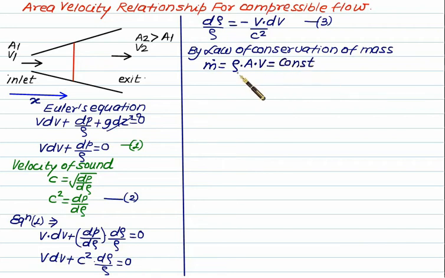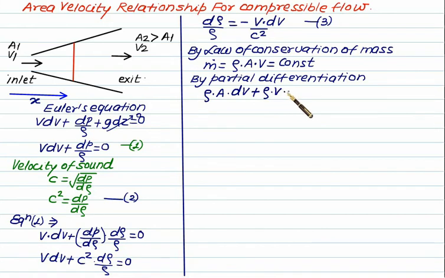We'll do differentiation here, as our aim is to generate a relation between the area and velocity. By differentiation we get rho A dV plus rho V dA plus A V d rho. On the right hand side we have a constant term and the derivative of a constant is 0.